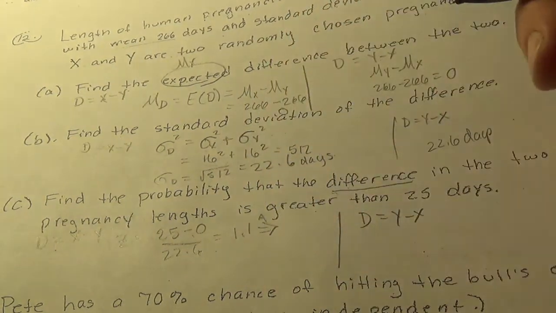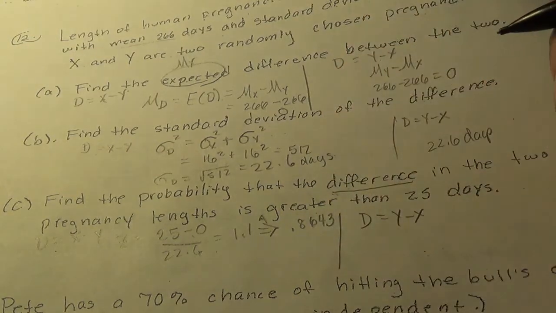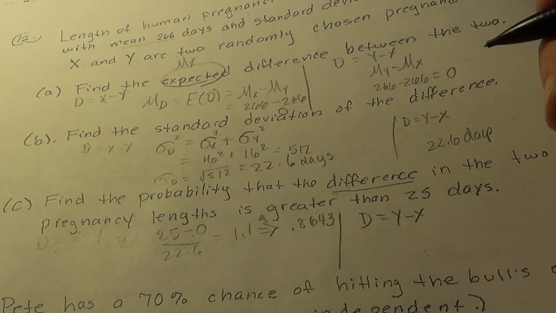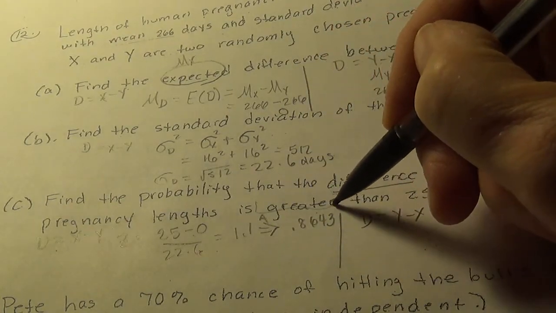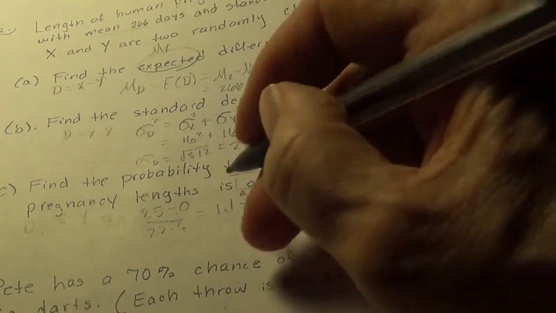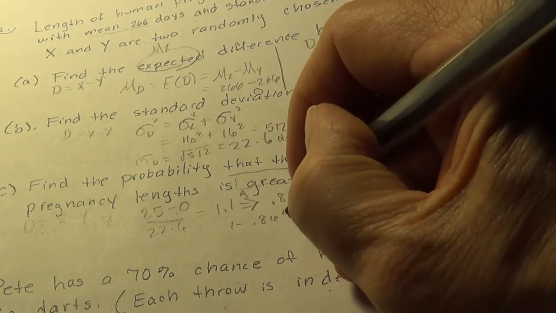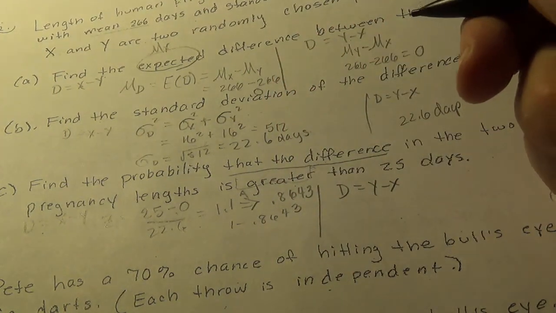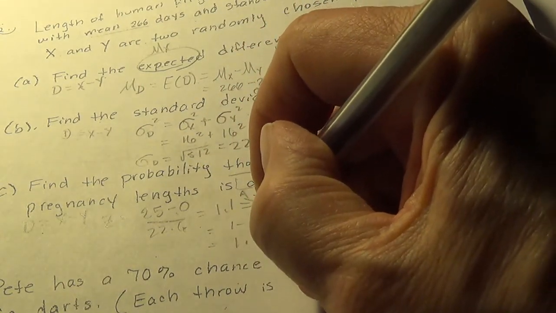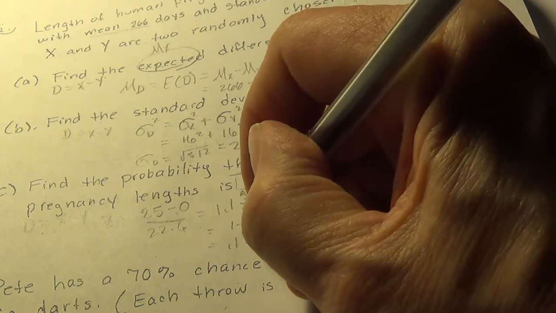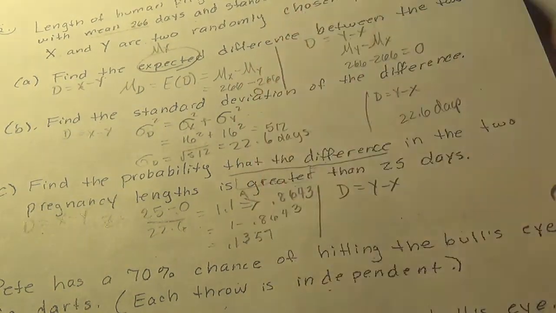Chart A we go. It gave me 0.8643, and the question is greater than. So remember, chart A is always less than, so we do 1 minus 0.8643, and we get 0.1357.